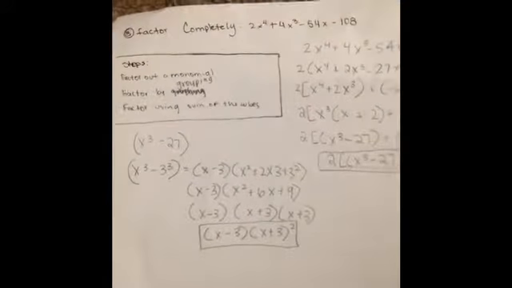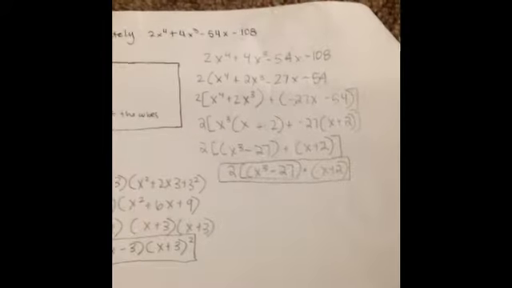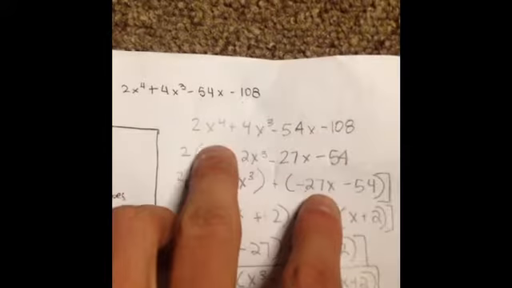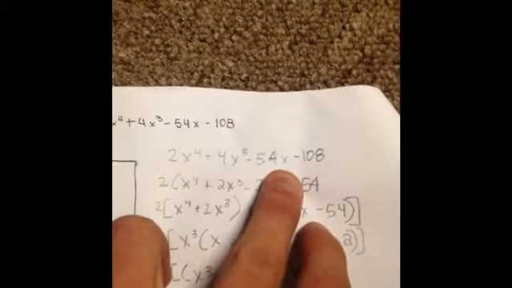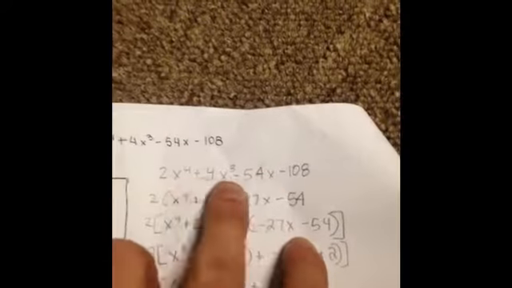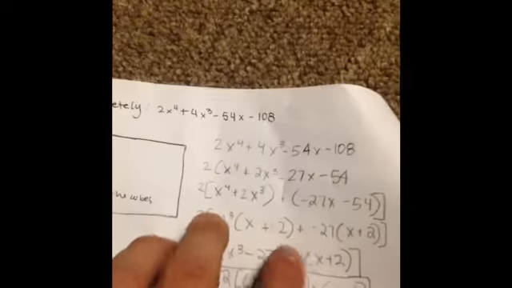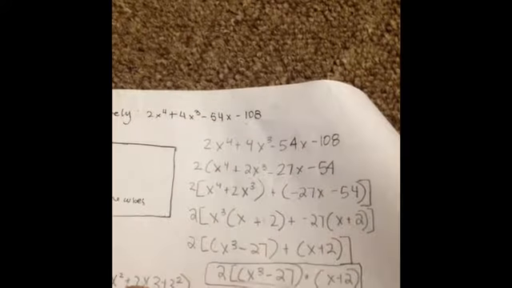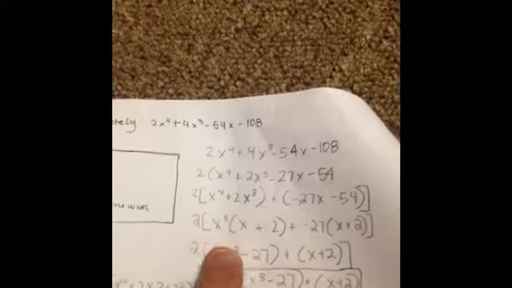This is factor by grouping, and today we are going to factor by grouping these. We're going to see that there's a common factor in these, and divide it all by 2, take it out, put that over there. Then we're going to put these both in parentheses, bring that down.